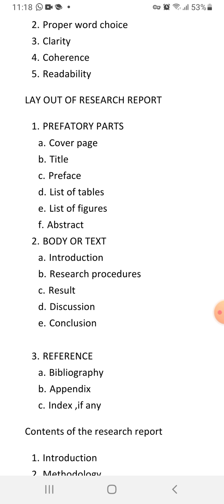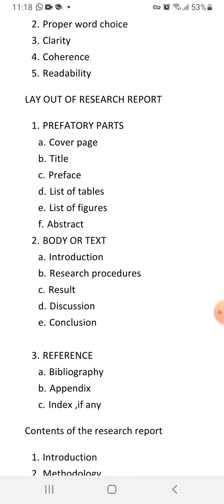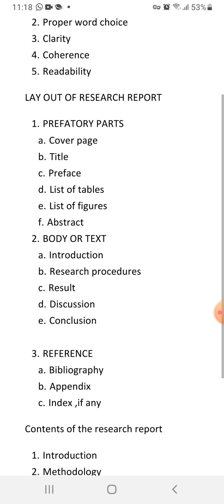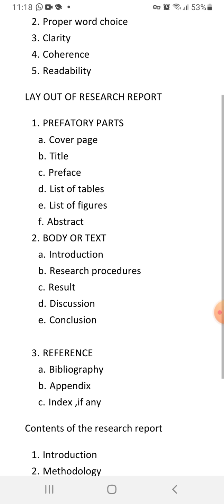Therefore, that brief description is known as preface. The list of tables, various tables. Sometimes you may use various age category wise tables, then income level of people, such types of tables you may have used.